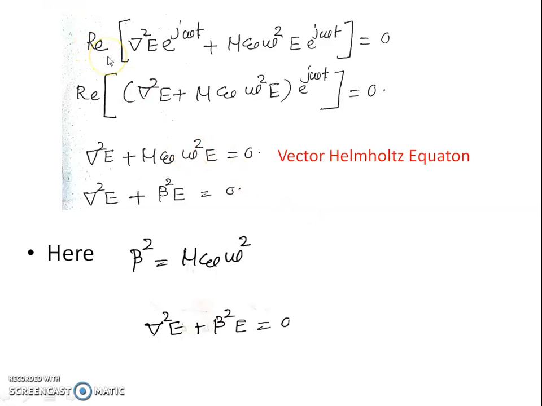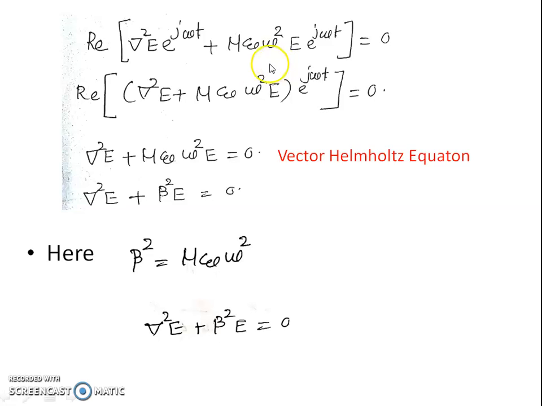So the real part of del square E raised to j omega t plus mu epsilon omega square E raised to j omega t is equal to 0. That is, we are rearranging the former equation and we get this equation.